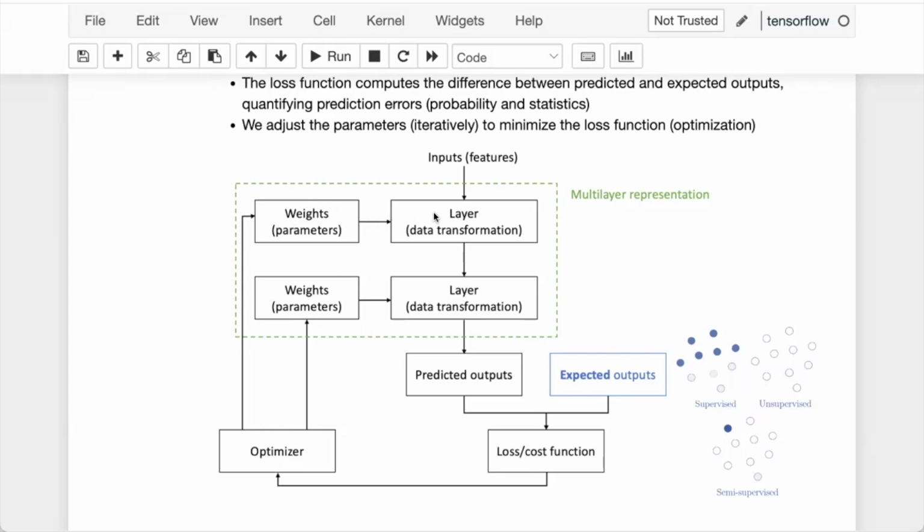And this means that then we know how to transform the input features so that these predicted outputs are as close as possible to expected outputs. This general workflow is something that we use throughout the course almost all the time, and that's why it is really important to have this picture in mind, whether it's something as simple as linear regression or something as complex as deep learning models. The general workflow is very much the same.